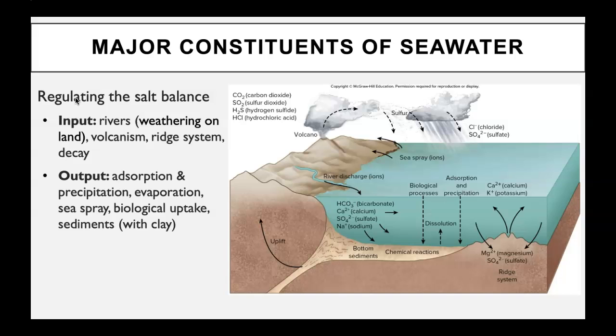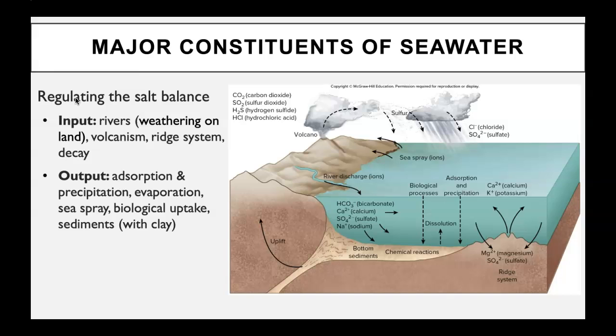Output, so what pulls ions out of seawater, are going to be things like absorption and precipitation, and those are in conjunction with deposition of sediments on the seafloor. Then there would be output by sea spray, so that is splashing waves at the coastline.